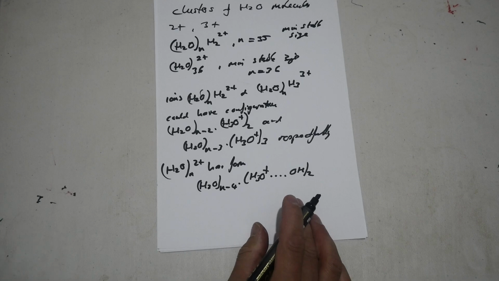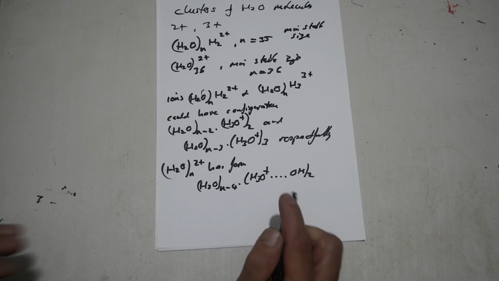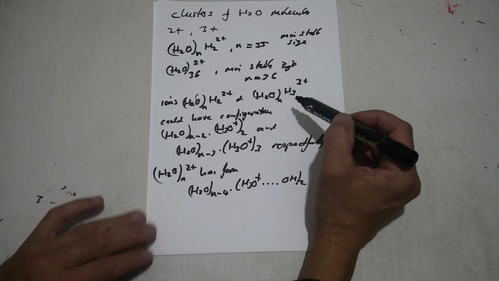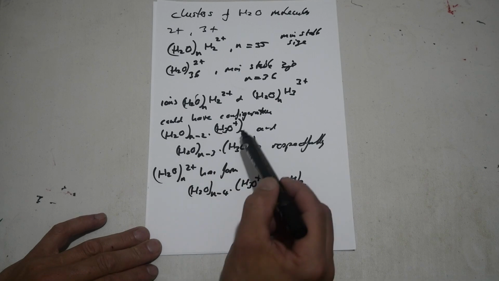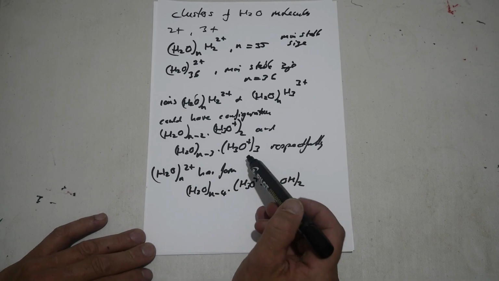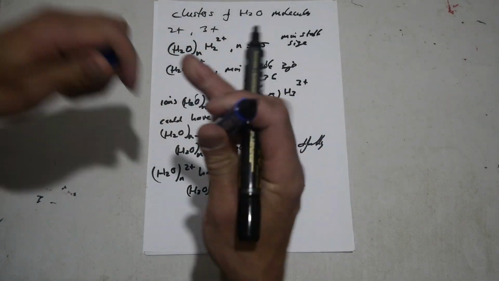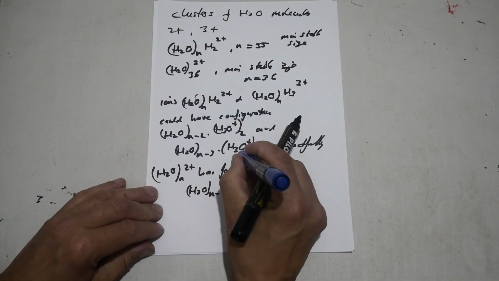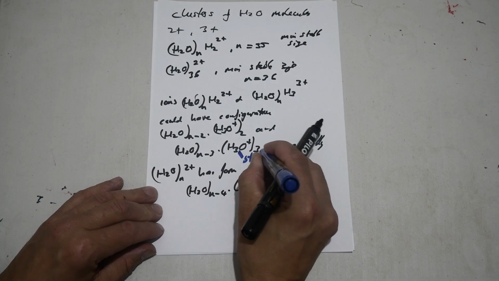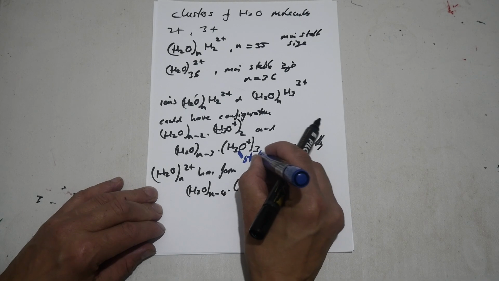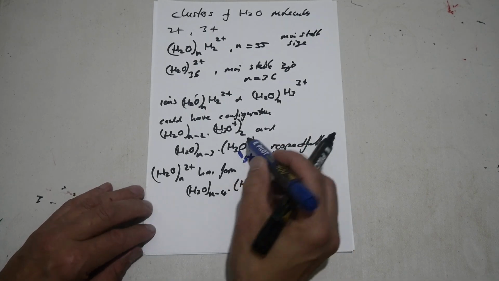Okay. So I think it's these ions, the H3O here, that actually stabilize the structure of the hydrogen bonding. These stabilize.